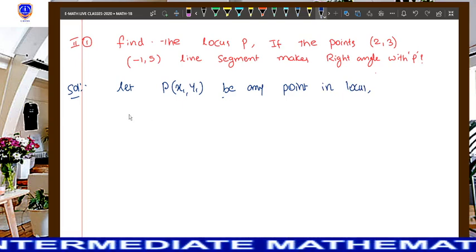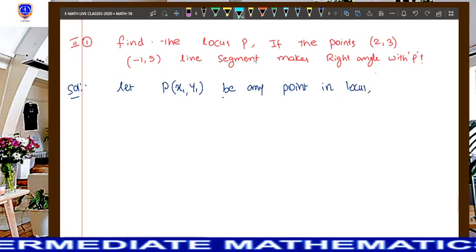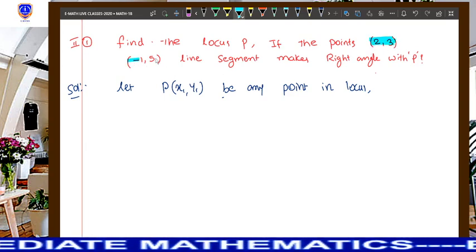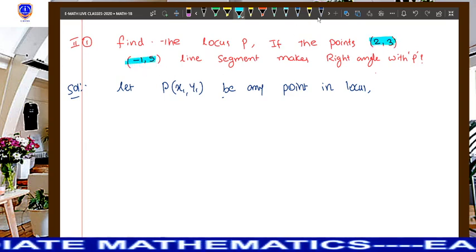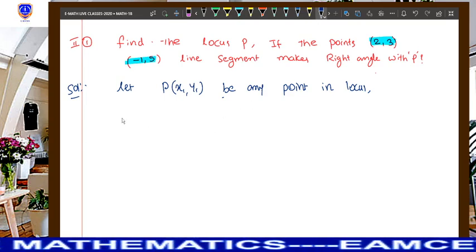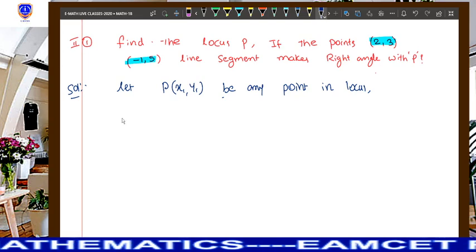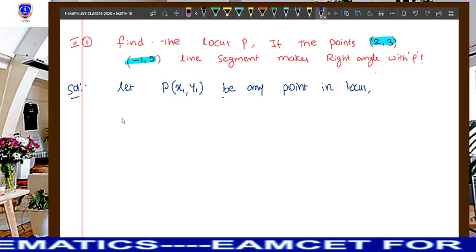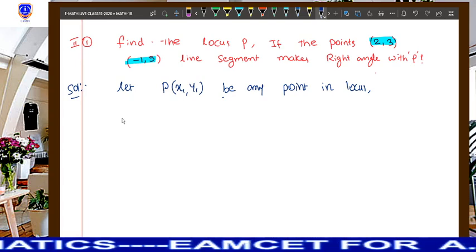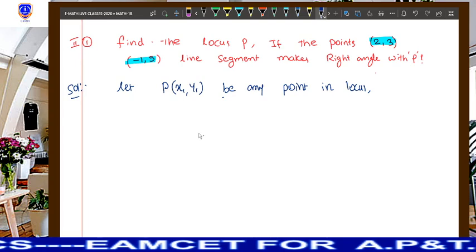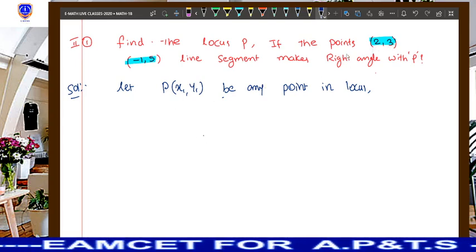Later you have to mention the given points. Again, observe the question. We have 2 different points given. The first one is (2, 3) and the second one is (-1, 5). If the question contains names for these points, you can directly write those points with the given names. But here in this question, no names were given to these points.